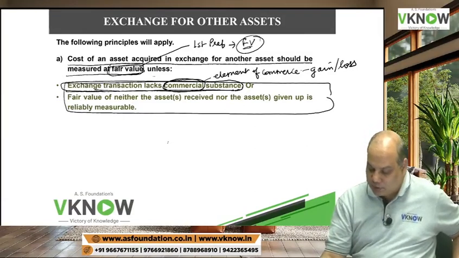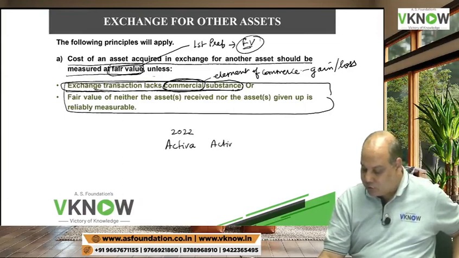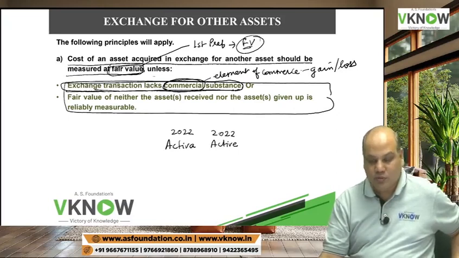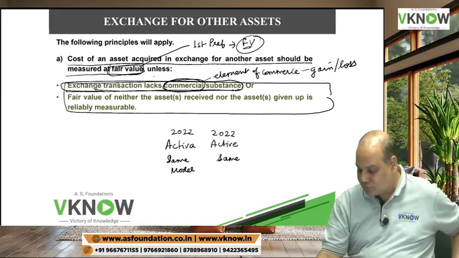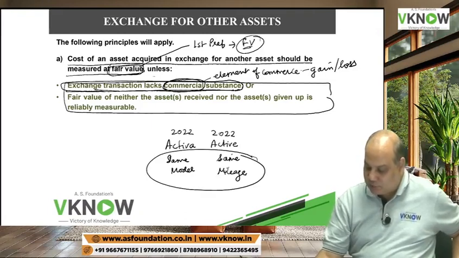For example, I have an Activa 2022 model. My friend also has an Activa 2022 model. Same model, same mileage, everything same.